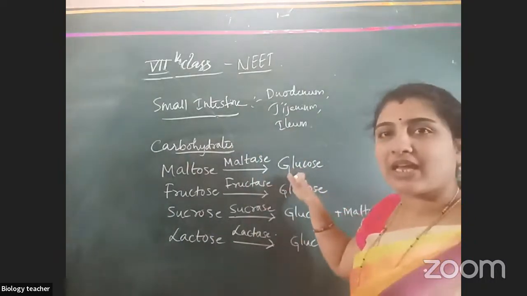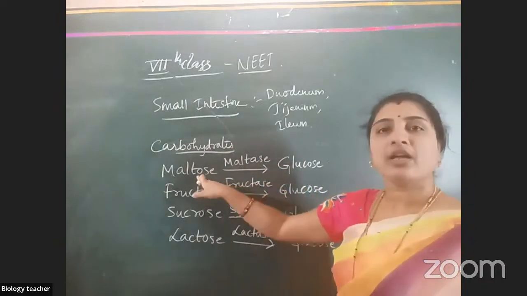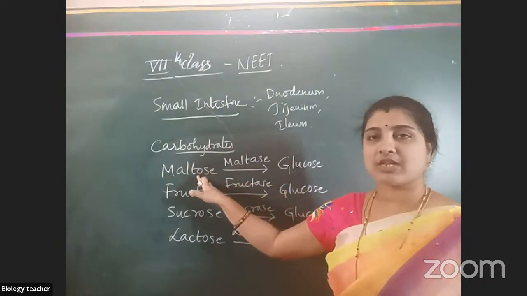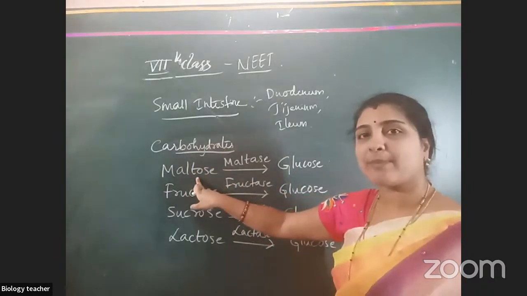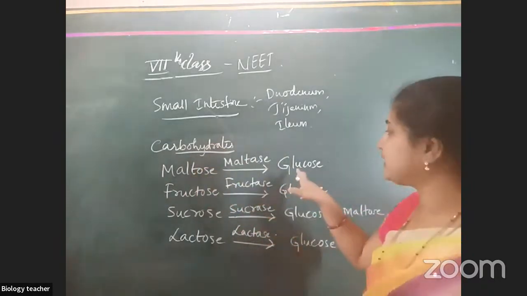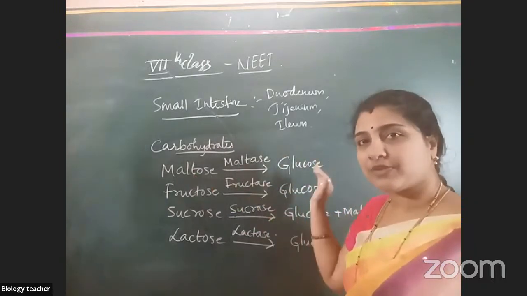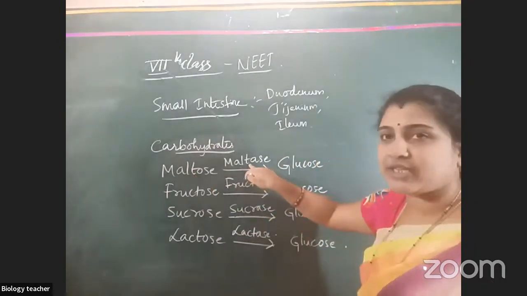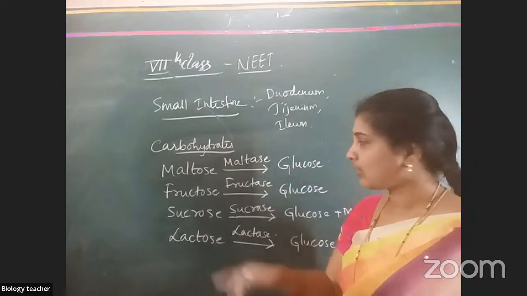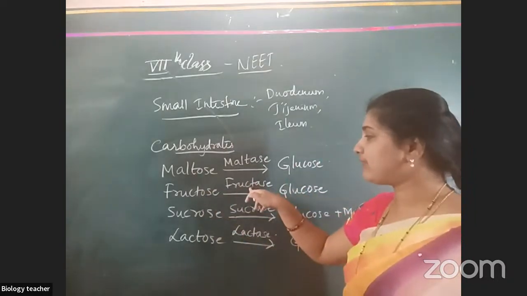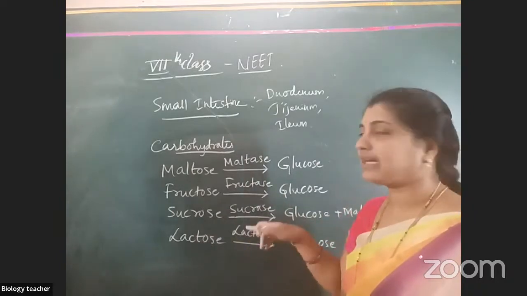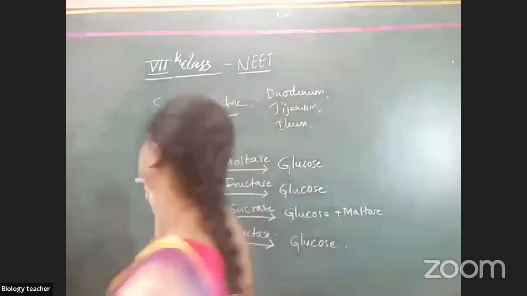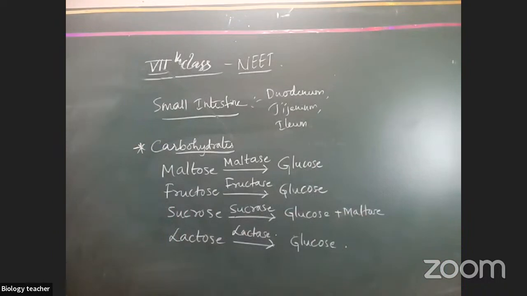You are eating jowar, bajra, chapatis, rotis, no? In that, what type of carbohydrate is present? Maltose. Maltose will be changed to glucose with the help of the enzyme known as maltase. Fructose, which enzyme? Fructase. Sucrose, sucrase. Lactose, lactase. So these carbohydrates are digested.